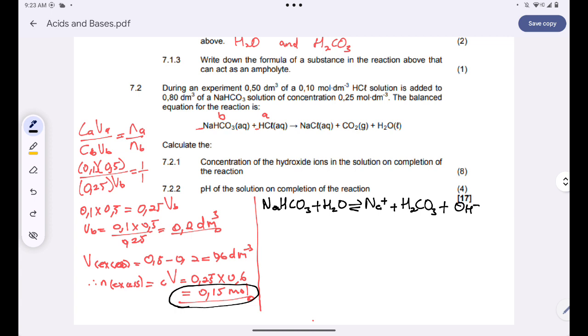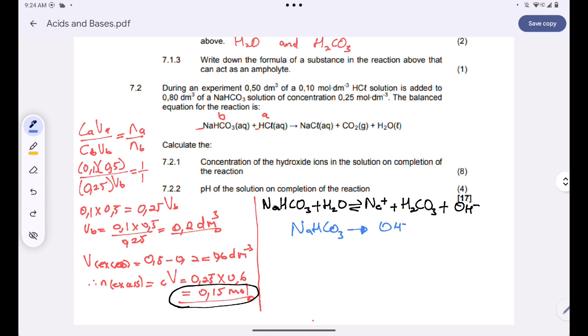So for me to calculate the number of moles of the hydroxide ions in excess, I know that 1 sodium bicarbonate, by the way, or you can call it sodium hydrogen carbonate, 1 sodium bicarbonate will give me 1 mole of the hydroxide ions.